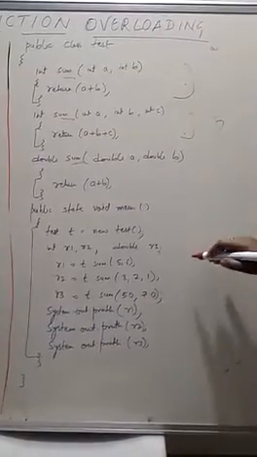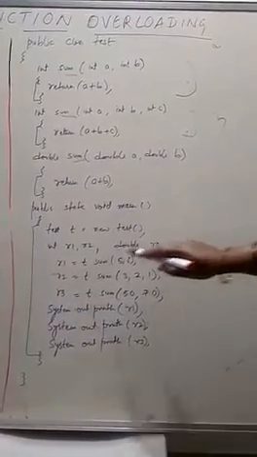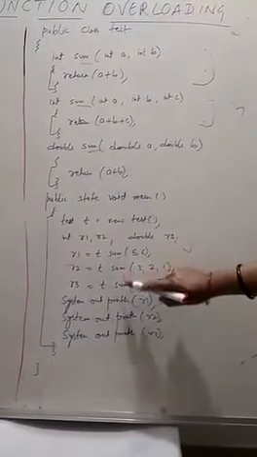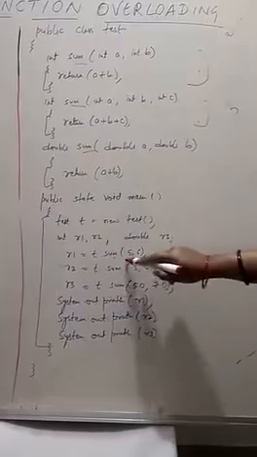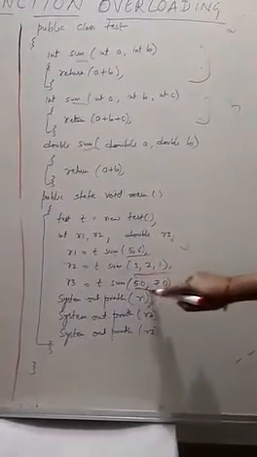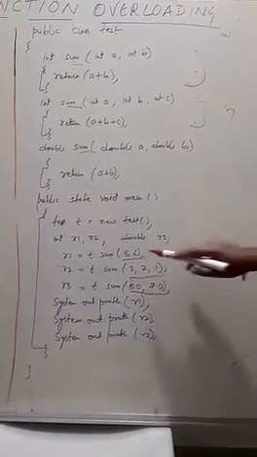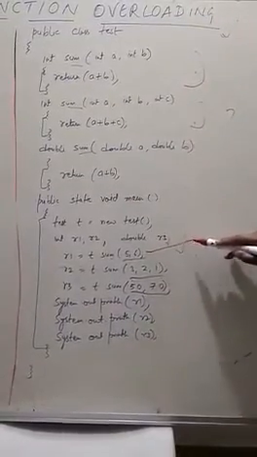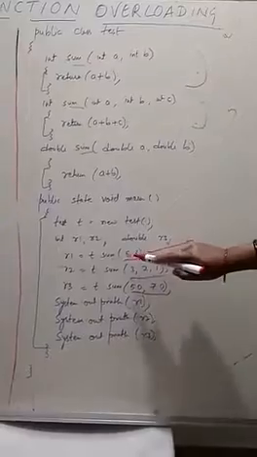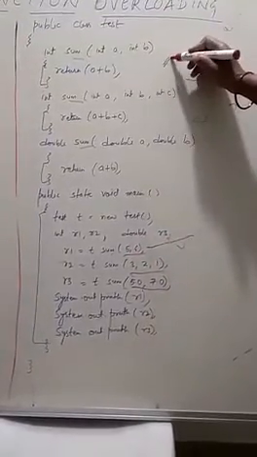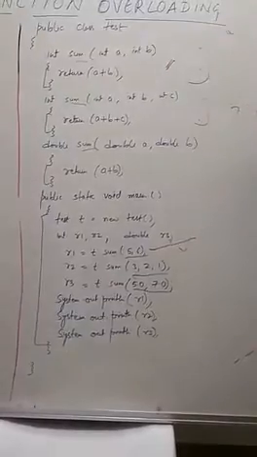For example, here you look at the board, t.sum, t.sum, t.sum. All these three have the same method name, but you see here the number of arguments and the type of arguments are different. When this statement gets executed, only two integer values are there, so obviously it will execute the first method because it accepts two integer values.